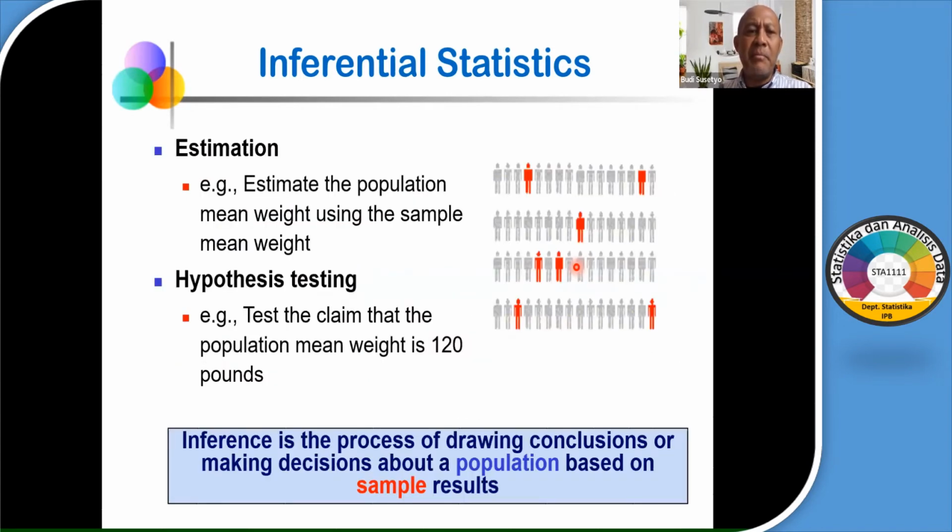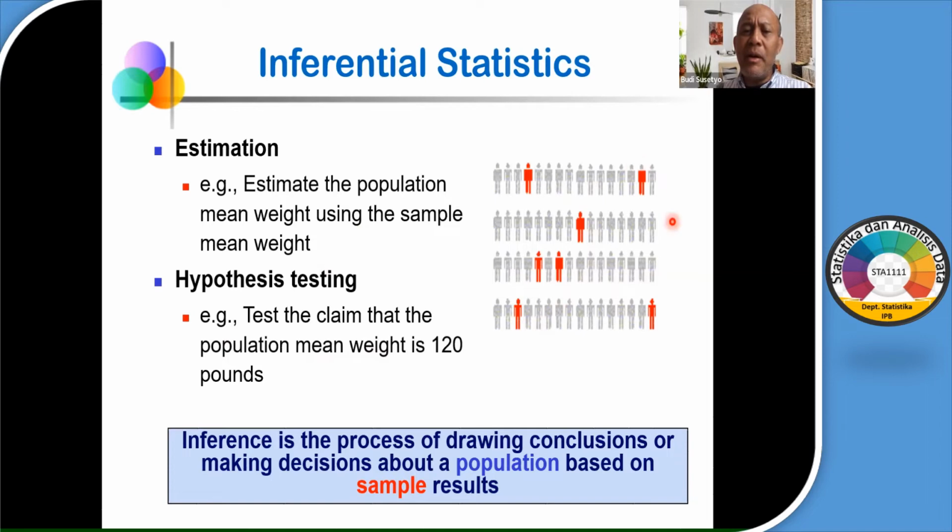For example, estimation of the population mean weight using the sample mean weight. From this population, you just take 1, 2, 3, 4, 5, 6, 7%, then you collect the weight data of every sample, and you calculate based on the sample for estimation of the population. So this is inferential. Or testing the claim that the population mean weight is 120 pounds, for example.